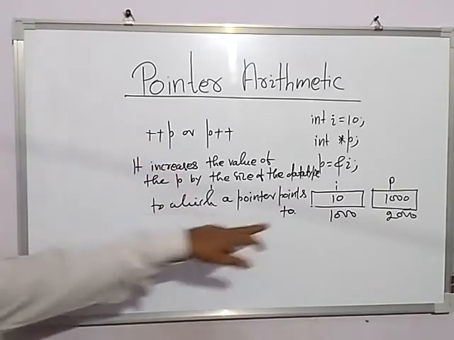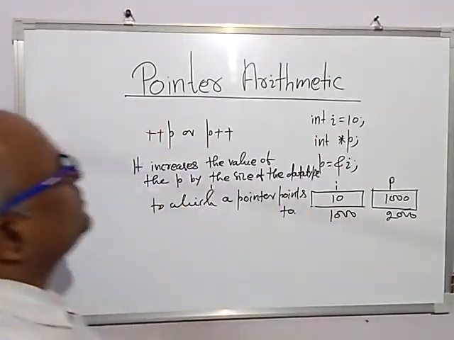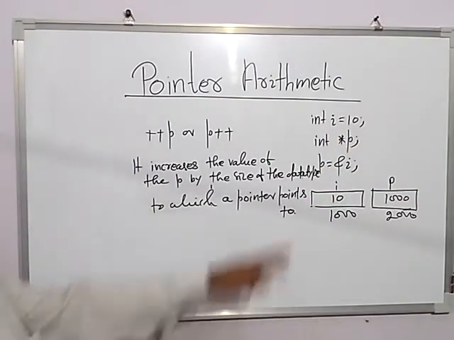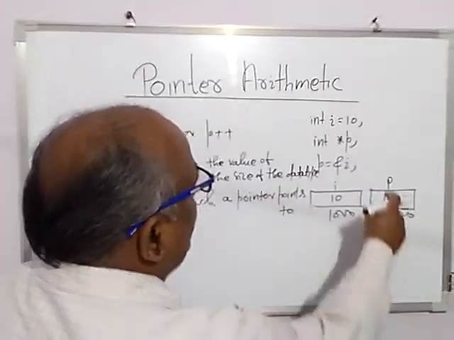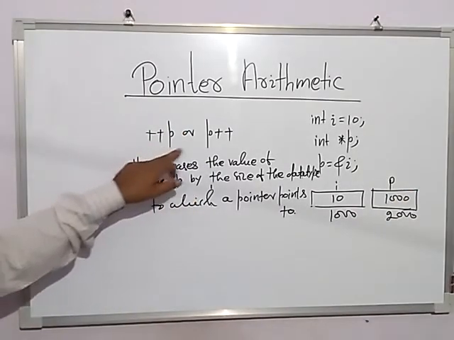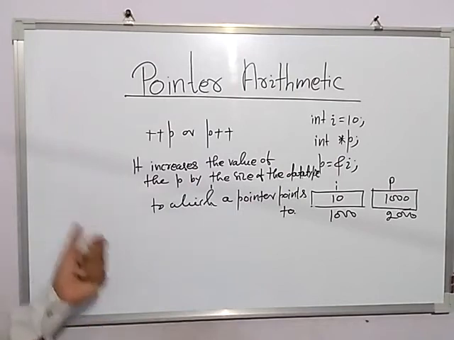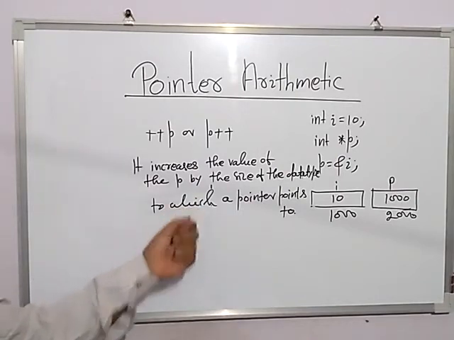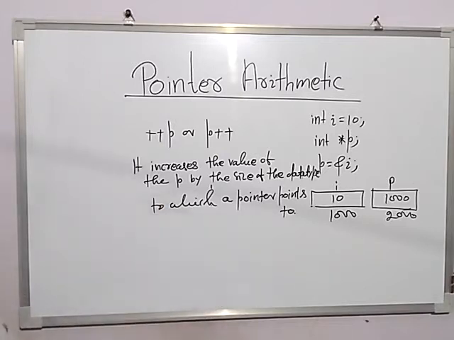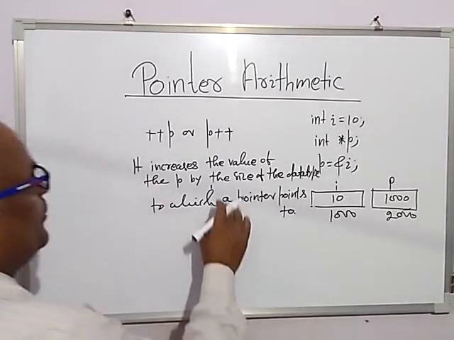You see, here i is an integer type variable, p is a pointer of integer type, p = &i, p = 1000. If I write ++p or p++, it increases the value of the p by the size of the data type to which the pointer points to.